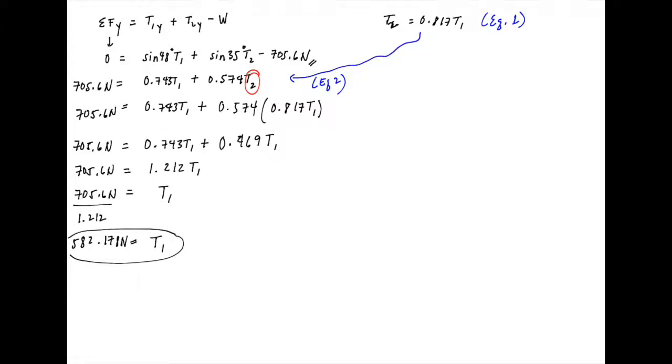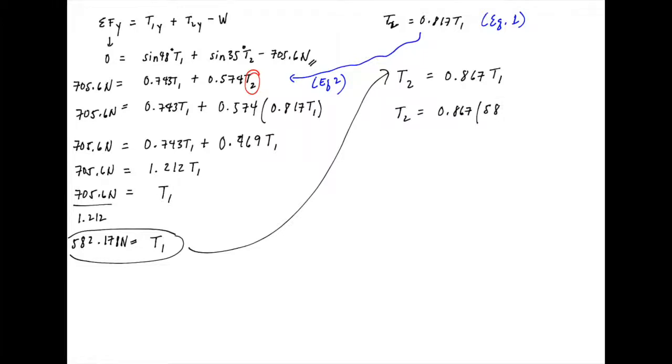Now, going back to the first equation, we have T2 is equals to 0.817 of the T1. Substituting it, we have 0.817 times the value of T1, which is 582.178 Newton, and therefore the value of T2 is 475.63 Newton.